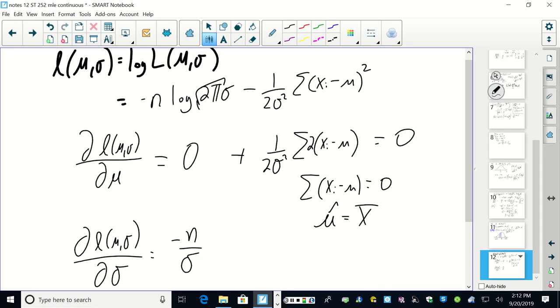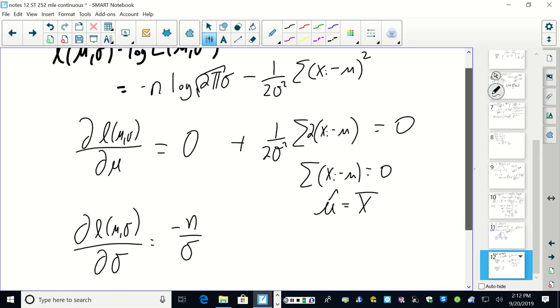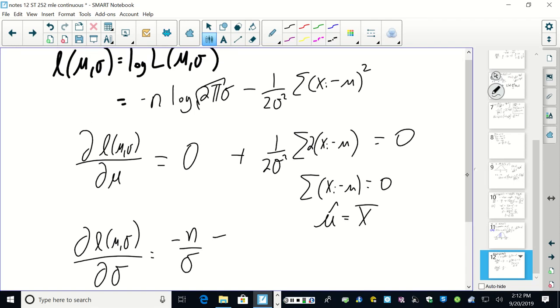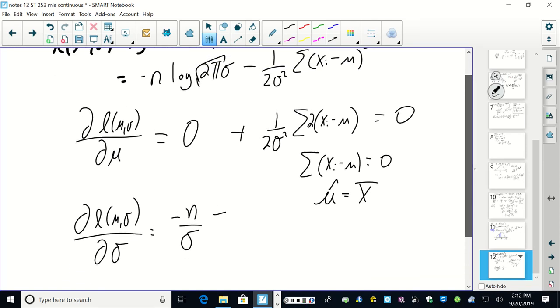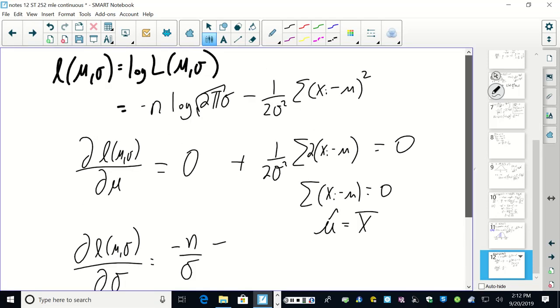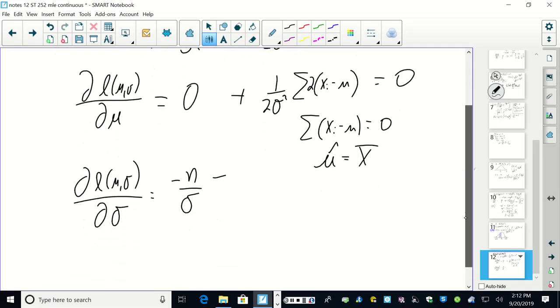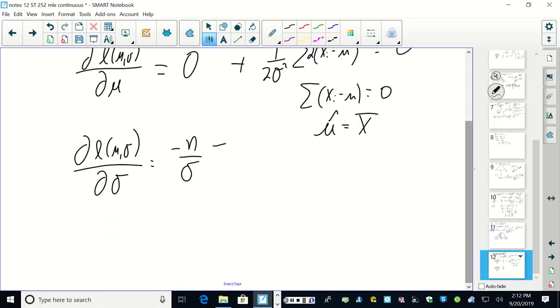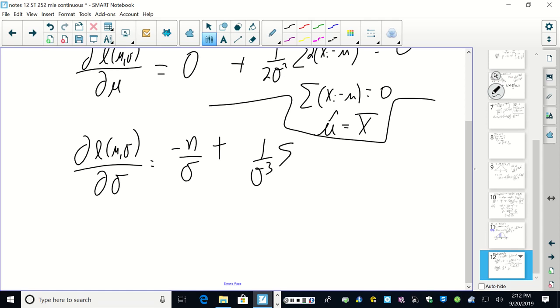The square root of pi part either cancels out or you would get rid of it. And then there's a negative 2, so it's negative 2 over that to negative 3. So it was plus 1 over sigma cubed, the sum of xi minus mu squared.